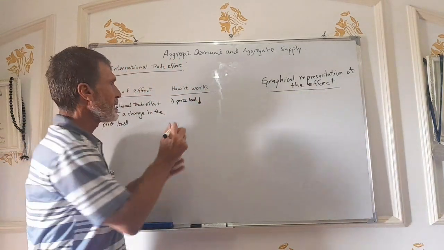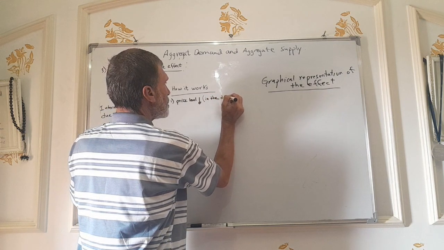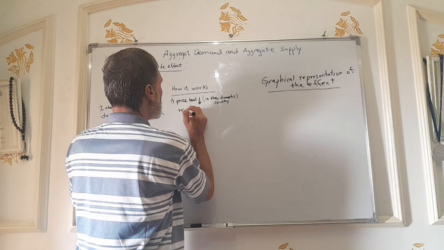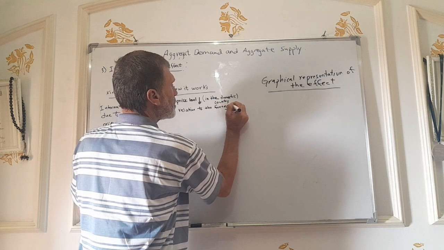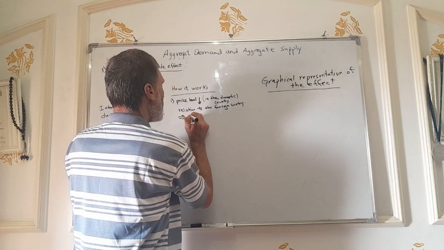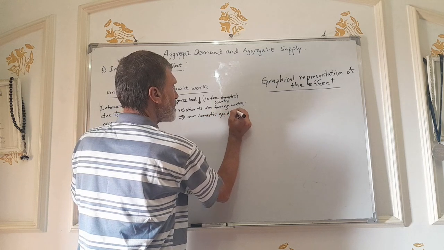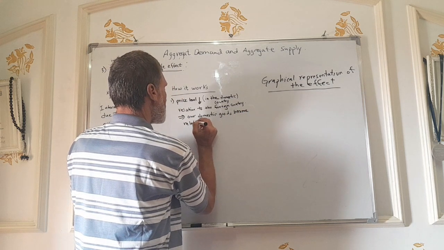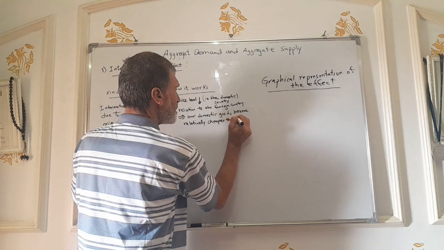So when the price level in the domestic country decreases relative to the foreign country, that implies our domestic goods become relatively cheaper than the foreign goods.